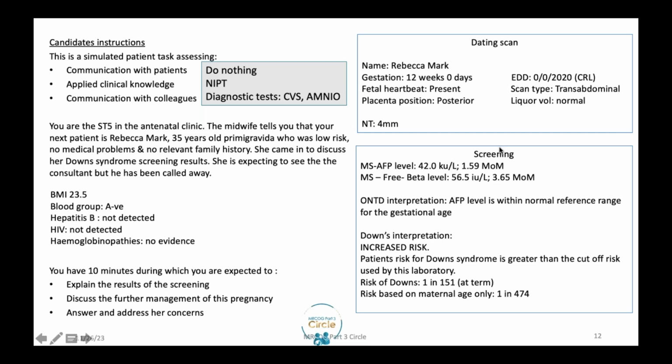Ma'am, I want to ask you a question. You said that if any role player or patient does not want to do the needle test, should we also tell her about NIPT? I mean, she is not interested. Yes, you can offer her NIPT. It's one of the options.